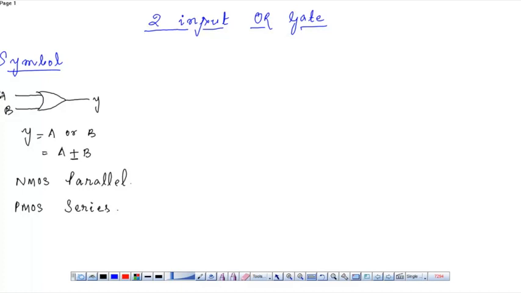Now, if I want to obtain A or B, we have another way. NOR plus NOT is equal to OR.